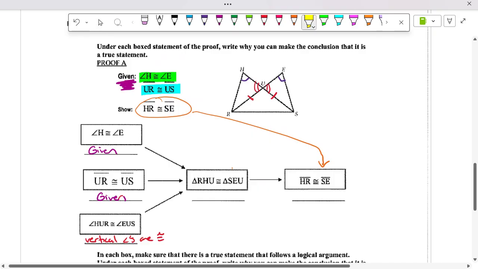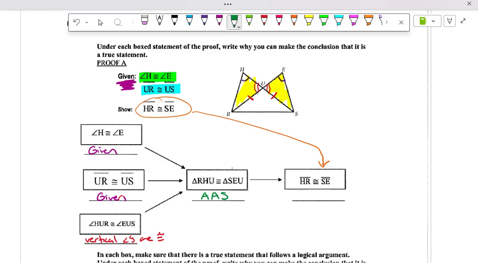So they then said that triangle RHU and SEU are congruent by what postulates? What are those 5 postulates on the other side of that blue sheet that tell us that those two triangles are congruent? Say it again. Angle, angle, side. Good.